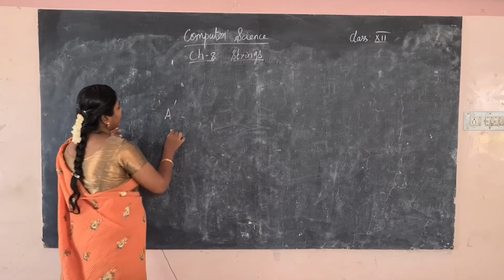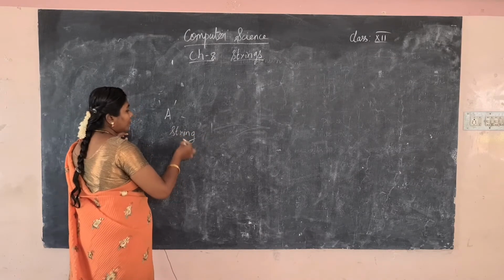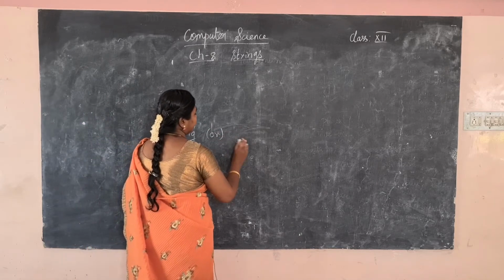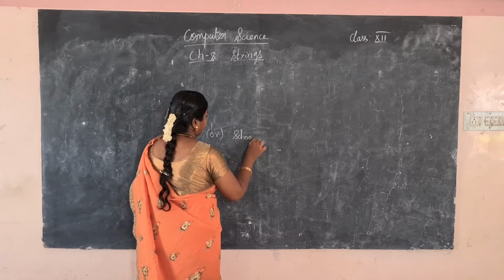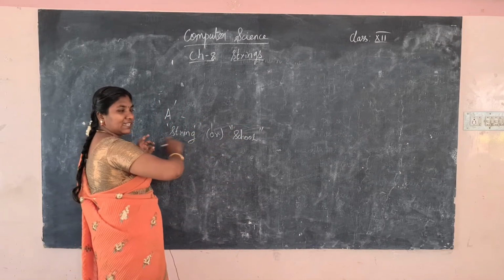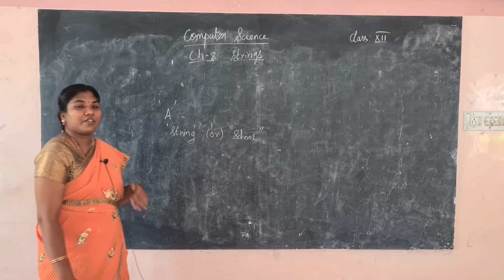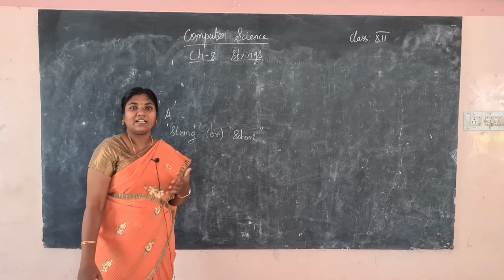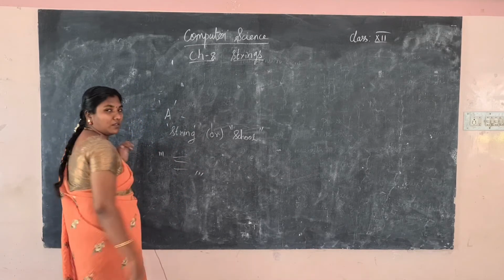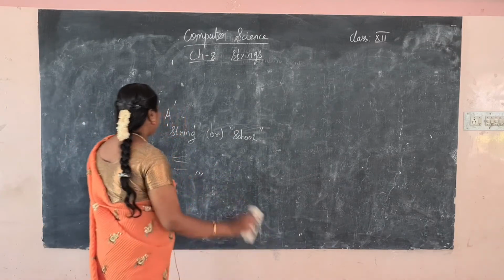If it is a word, it can be enclosed within single quotes or within double quotes. If you have one sentence in a single line, it can be enclosed within double quotes. But if you have more than one line, that is multi-line, then it should be enclosed within triple quotes. Up to this you have learned in the previous chapter, so you know very well about this.